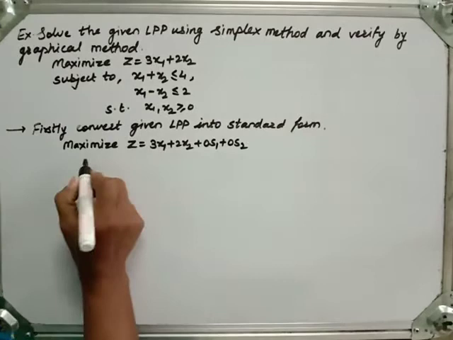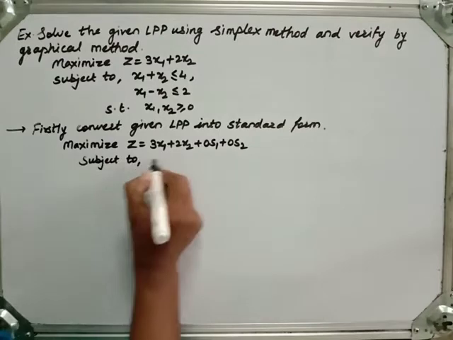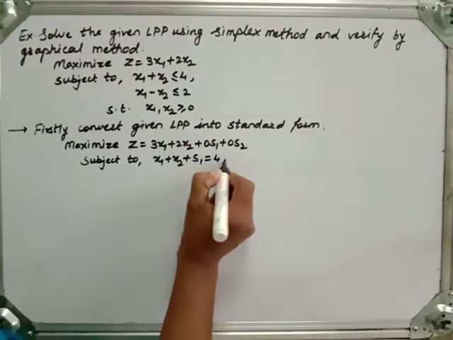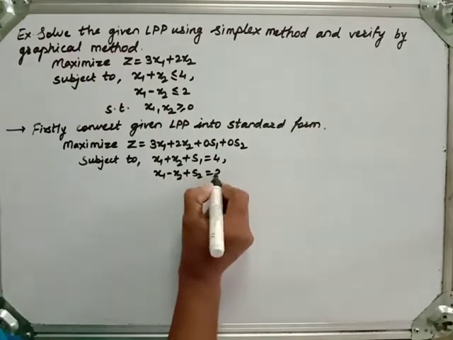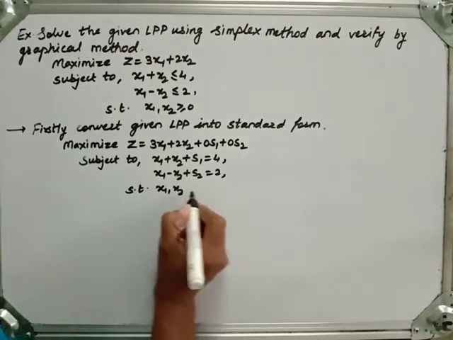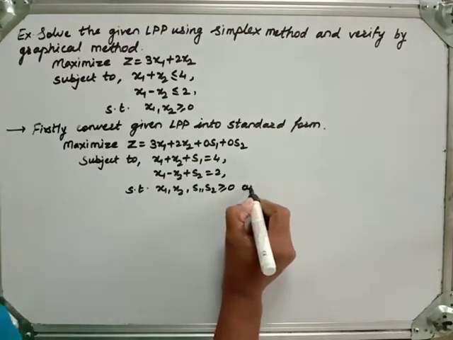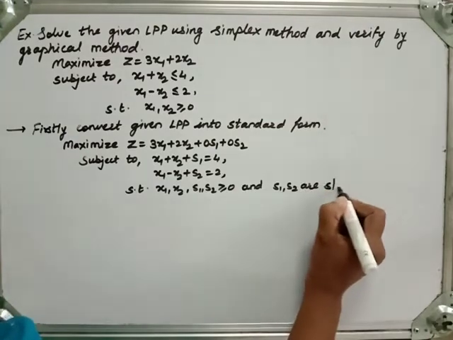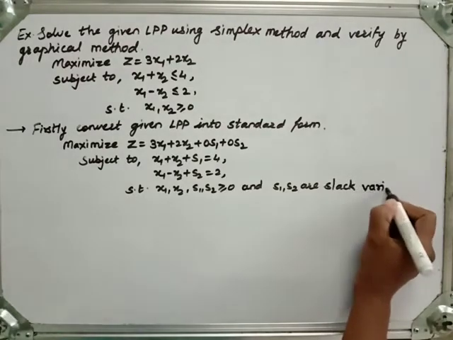So plus 0s1 plus 0s2, subject to x1 plus x2 plus s1 equal to 4, x1 minus x2 plus s2 equal to 2, such that x1, x2, s1, s2 greater equal 0, and s1, s2 are slack variables.